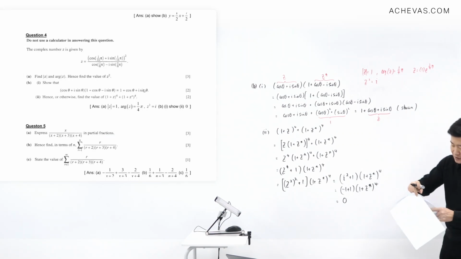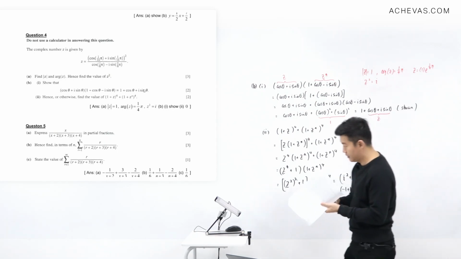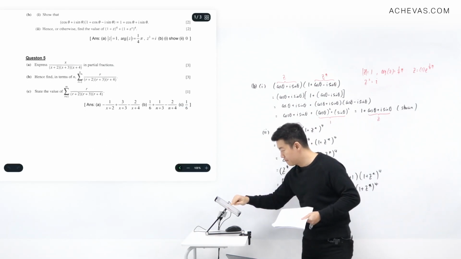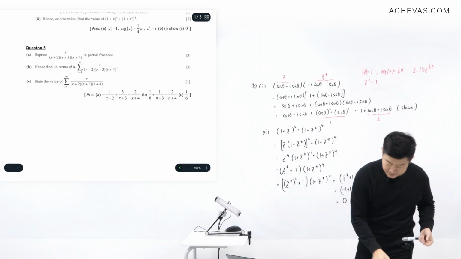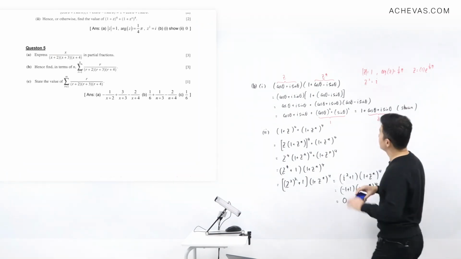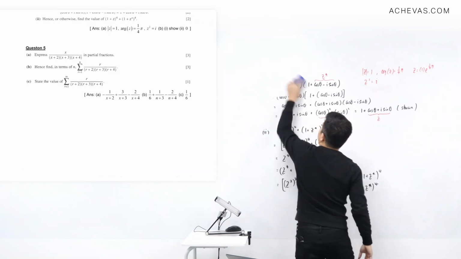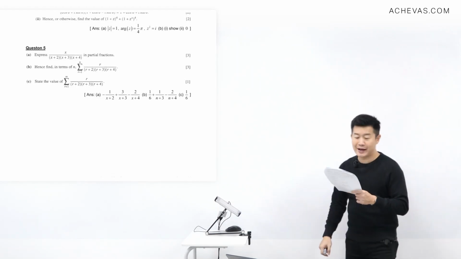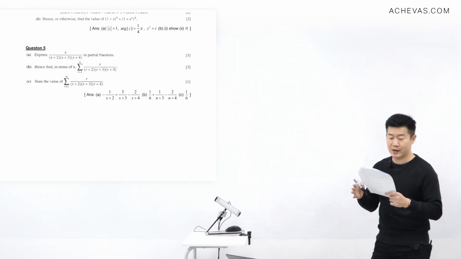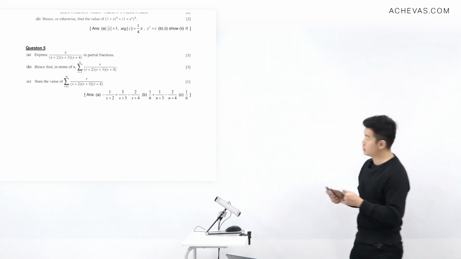Let's take a look at the next one. Question number 5, part 1. We are supposed to carry out a process of partial fractions.